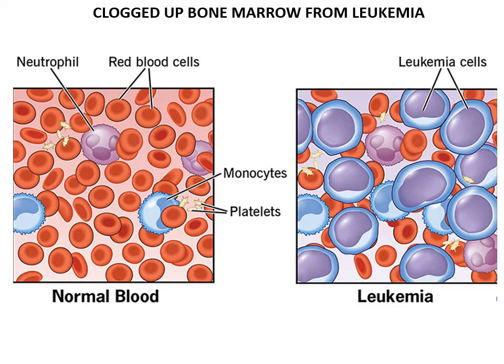So think of all of those potential symptoms and signs, because all the 3 cell lines are being affected. Okay? And that goes for any disease or condition that causes bone marrow suppression. All 3 cell lines get impacted, and then you get signs and symptoms based on the lack of the 3 cell lines.